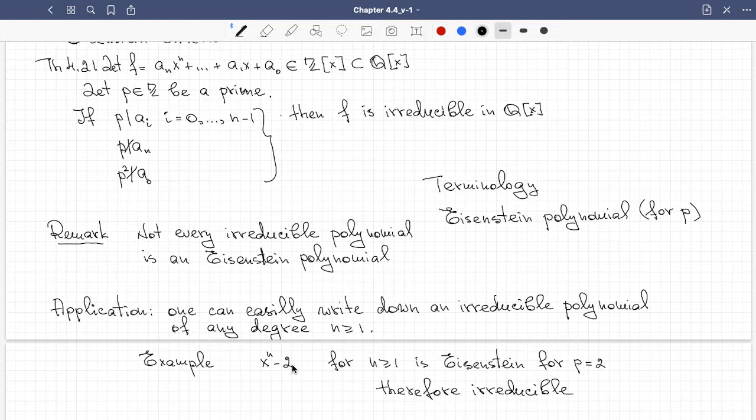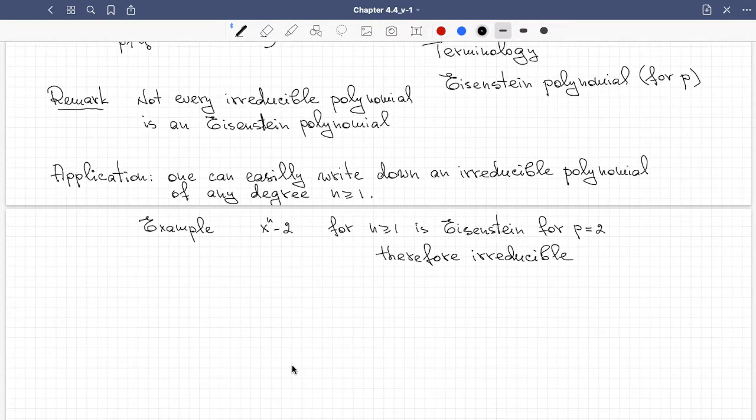This polynomial is irreducible. By the way, we conclude that this polynomial has no rational roots. It follows that the nth root of 2 is not a rational number. For all n bigger than 1; for n equals 1, the polynomial is still irreducible, but it has a root.